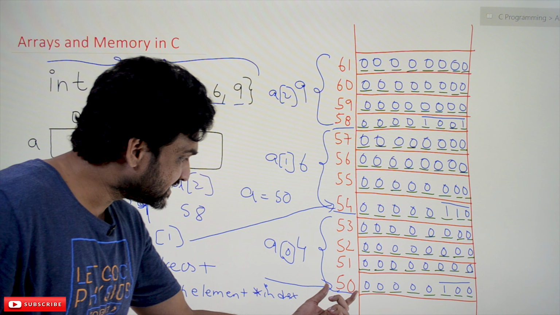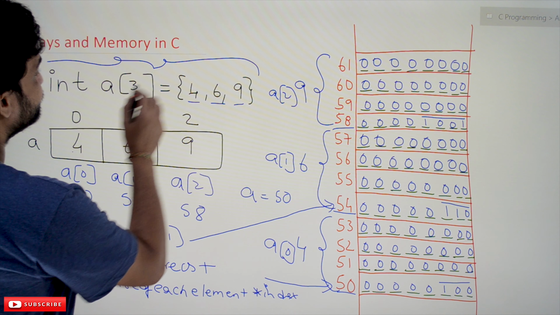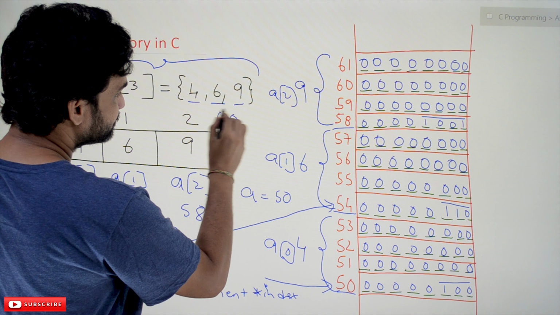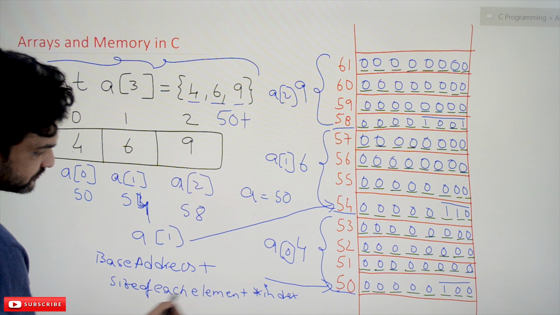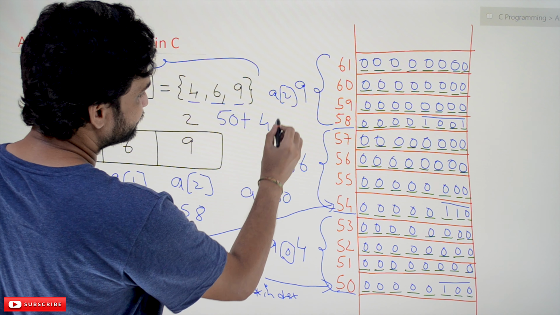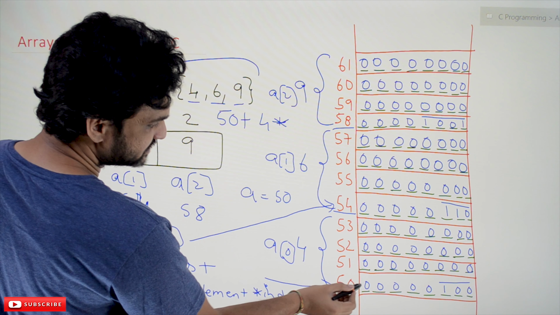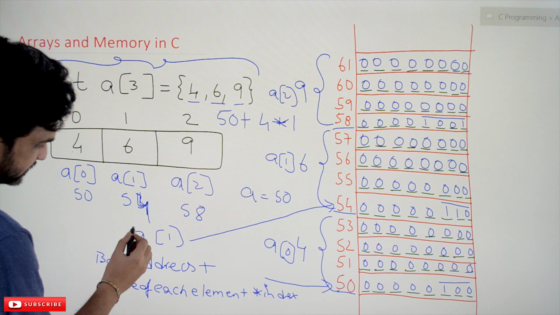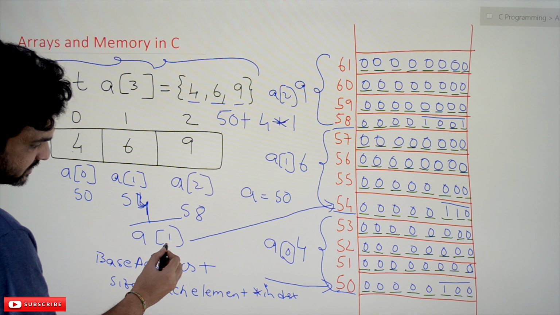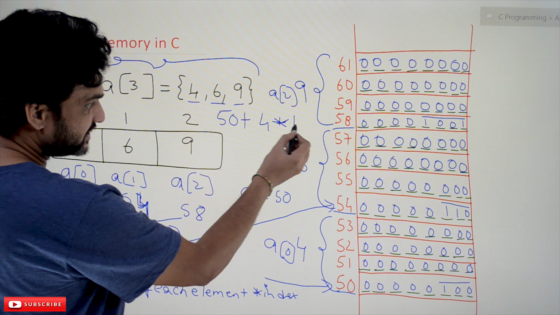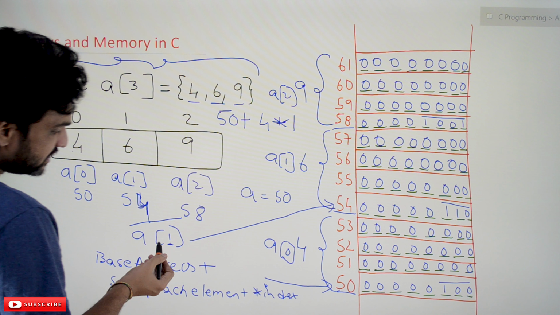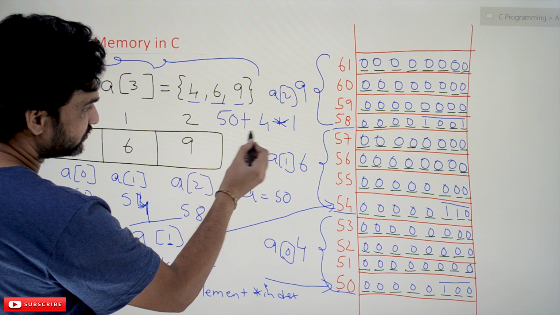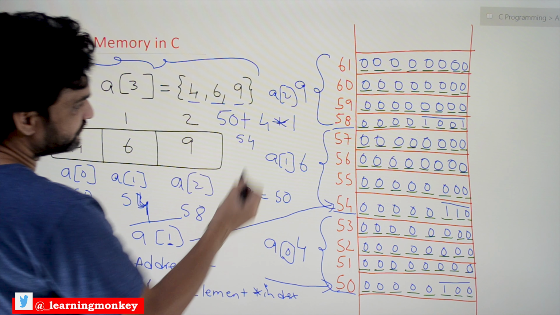So this base address is 50, plus size of each element. Size of each element is 4 bytes, 1 2 3 4, and the index: we want to get the address of a of 1, the index is 1, multiplied with the index of the element. So it is 50 plus 4 into 1, which is 54.